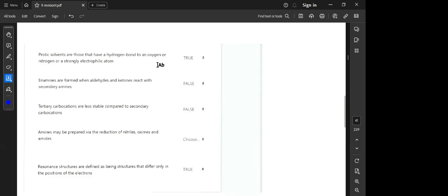True or false? I think that's true. Because my Google, which has apparently failed me several times tonight, says enamines are formed by reaction of secondary amines with carbonyl compounds. So aldehydes and ketones are carbonyl compounds. So this one makes it true.